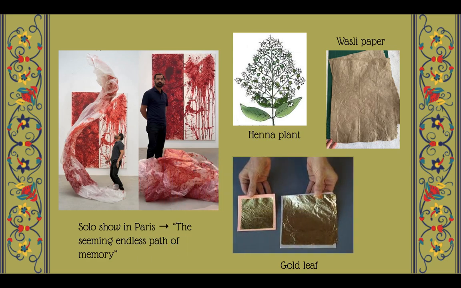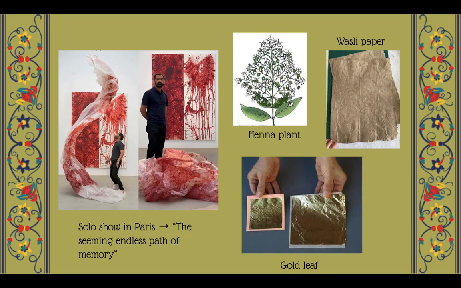Now, there are many different materials that Qureshi uses to create his artwork. However, the three main materials are henna, which is an organic plant, wasli paper, which is handmade paper from recycled cloth and cotton, and gold leaf, which has also been used a lot in his artwork to emphasize attention and the importance of what he is trying to portray to his viewers.